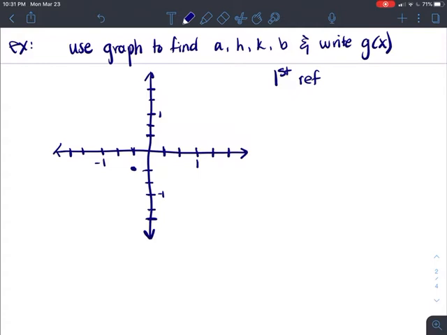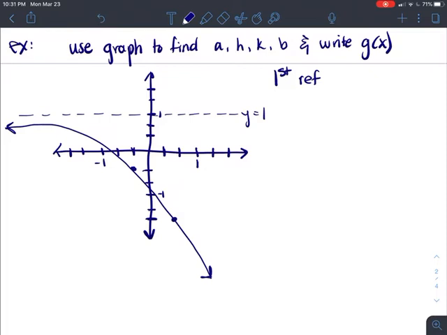So I'll go 2/3 on my x-axis and then down to negative 5/3. So it's going to be right here. And they tell me that my asymptote is at y equals negative 1. So that's my asymptote, and it looks like this. Drawn, obviously not to scale, but as best I can.